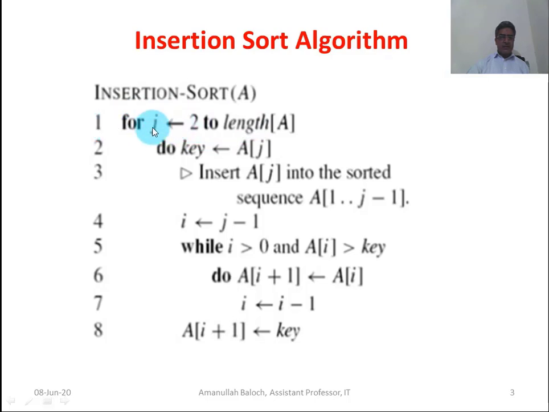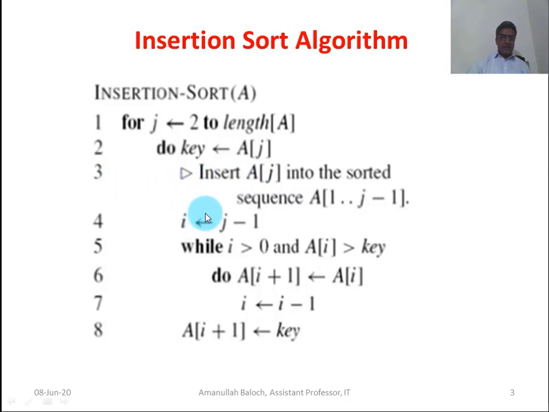a for loop, for j is equal to 2 to length of A, do key equals A of j, and this third line consists of comments, and comments do not take any time during the execution.